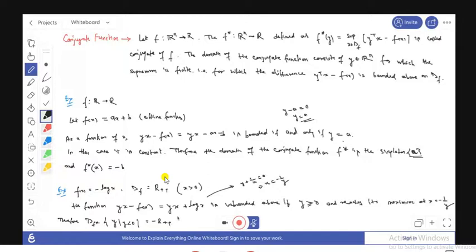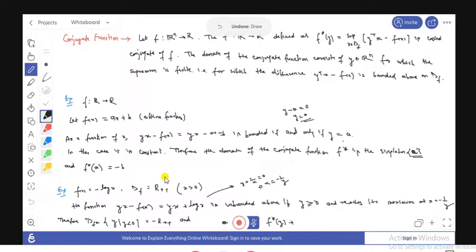Okay, and what is the value of this conjugate function f star of y? Here we put simply the value of x.